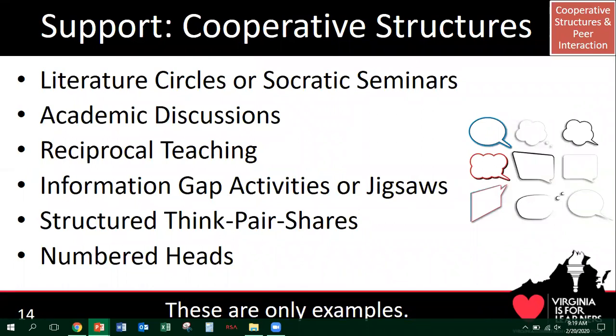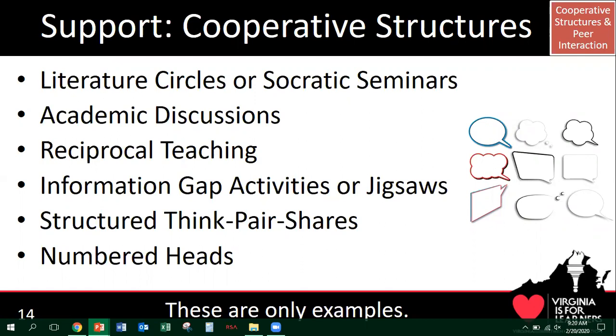Here are just some specific examples of cooperative structures. In other words, kind of interactive activities, ways to have students engage with each other. These are only examples, and there are many cooperative structures out there that are really great strategies to use in any or every classroom.